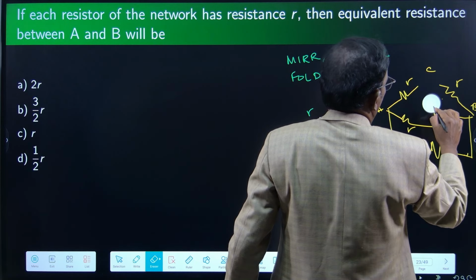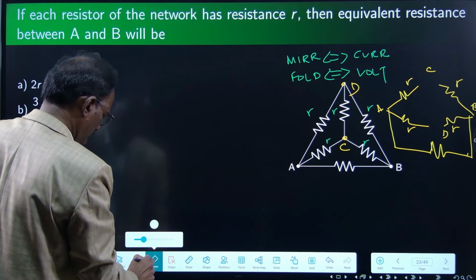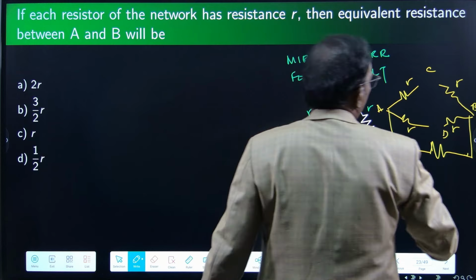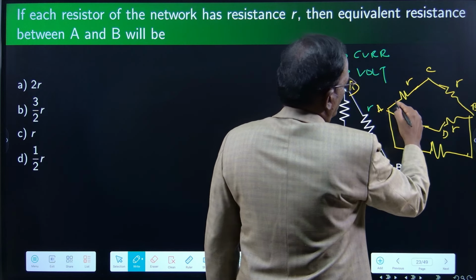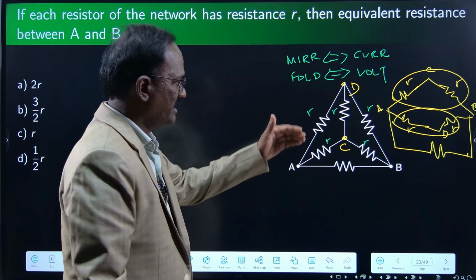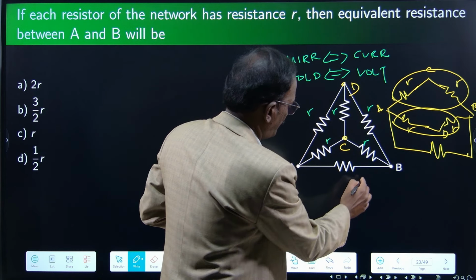Removed. Then 2R and 2R are in parallel with the final R.